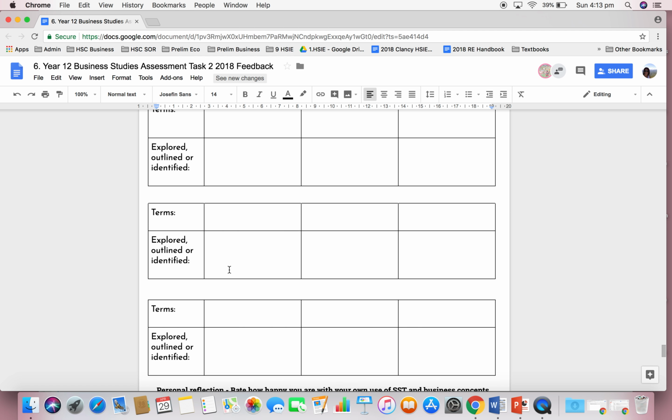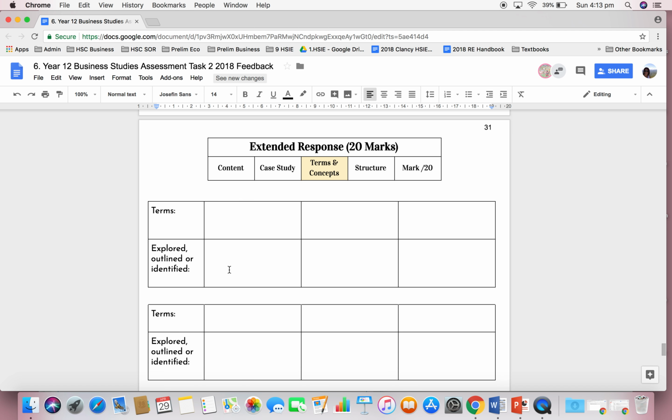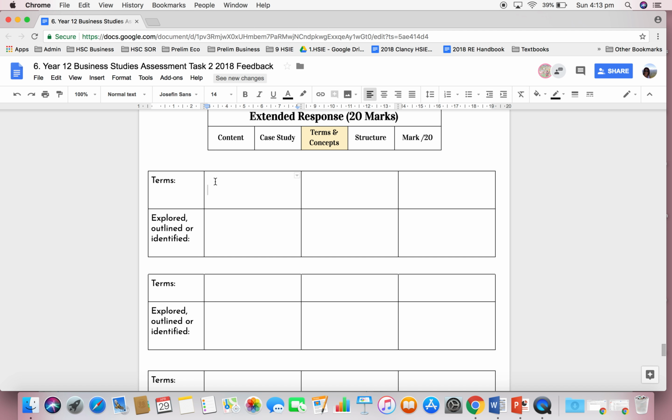What I'm going to ask you to do is to fill this table in using your response. And I want you to write in this bit here a subject-specific term. Okay, so it might be profitability management or profit maximization. But it's not just about saying, yes, I mentioned this term. I want you then to say whether you explored this concept, whether you outlined it, so you kind of defined it, or you drew out some type of information, or if you just identified it and then moved on.